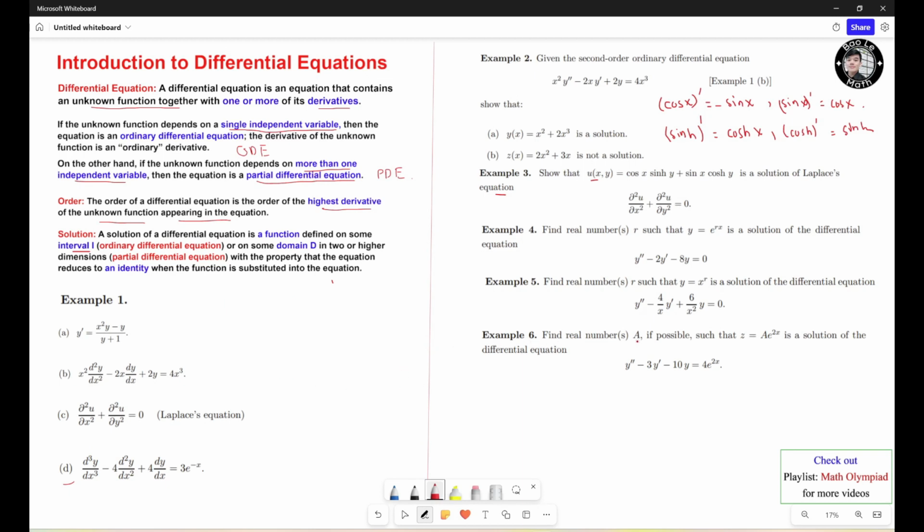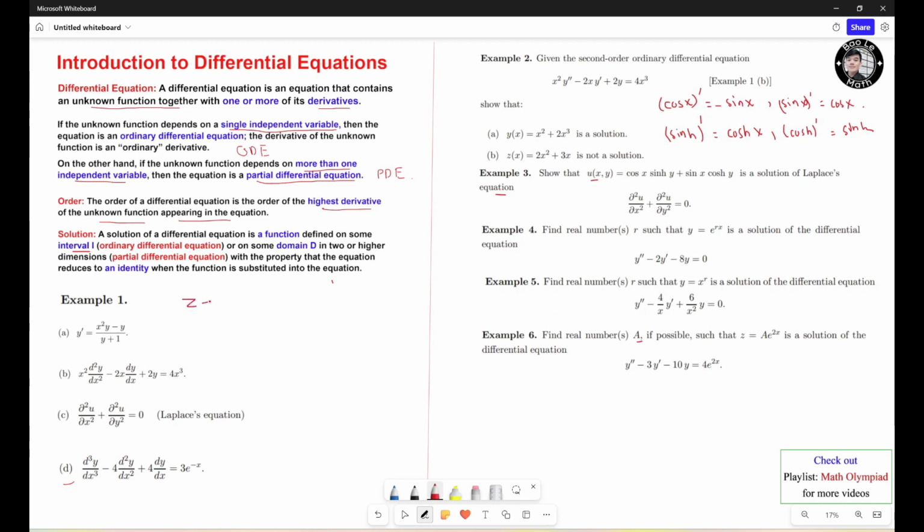Find real numbers a, if possible, such that z equal a times e to the 2s is the solution of the differential equation y double prime minus 3y prime minus 10y equal 4 times e to the 2s. Alright, so basically we have this one, we just take the first derivative.